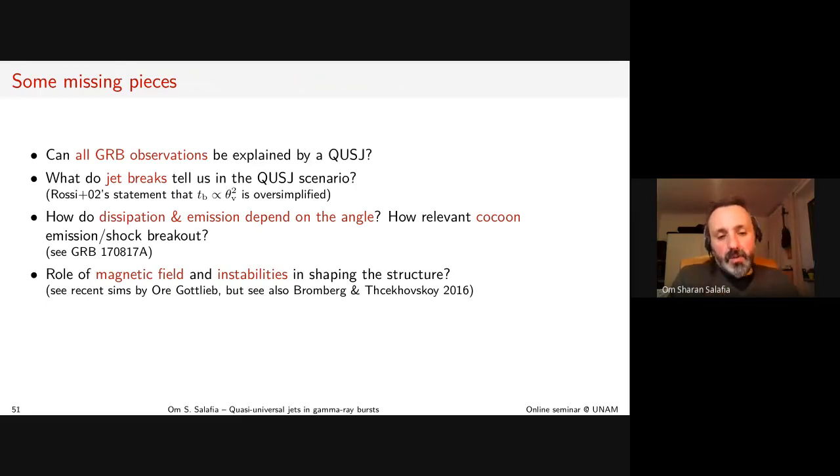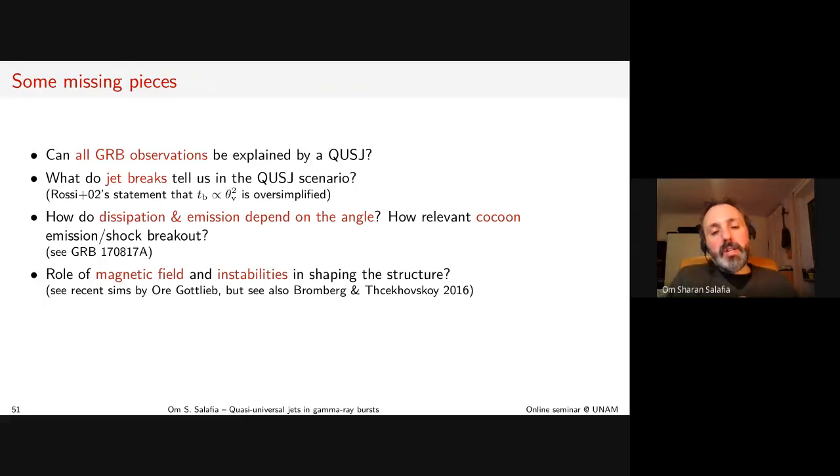It has been shown by many that this has an effect on the structure, because, for example, it prevents the mixing between the cocoon and the jet, and also changes the conditions for both the propagation and the collimation. So it could be that jets are highly magnetized and keep their magnetization up to the breakout.